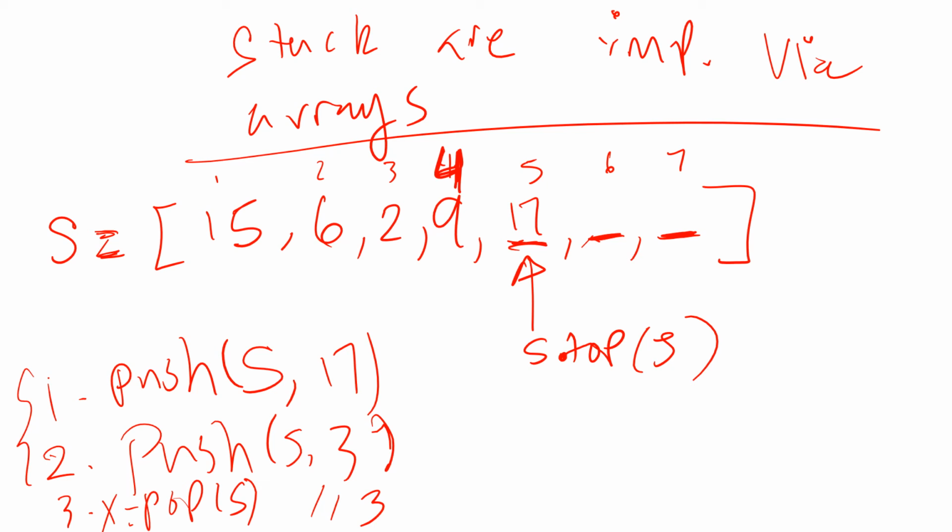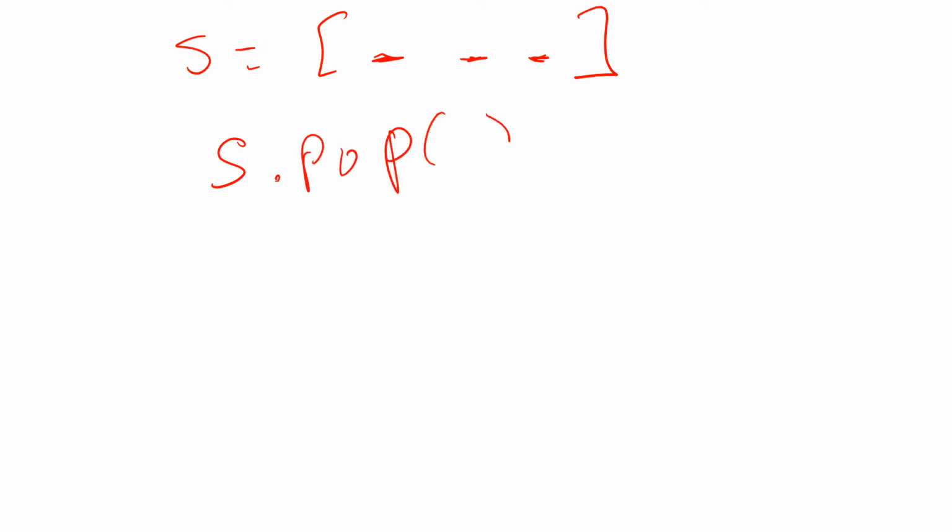So what happens if the stack is empty? So if you have this stack, I'll just draw a stack with a capacity of 3. And what happens if you call stack.pop? I'll go back to the object-oriented notation. Okay. It's going to error, right? And it should error out because there's nothing on the stack.